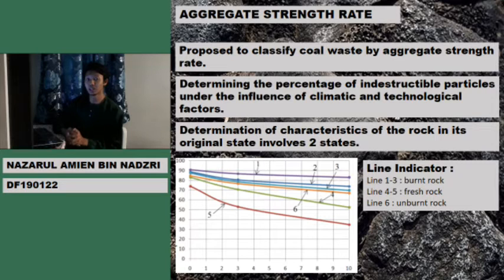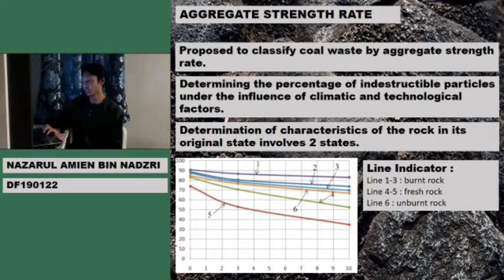What is a cycle? One cycle of wetting and drying involves total immersion of large particles in water for 2 hours and drying the particles to reach a constant weight within 22 hours.